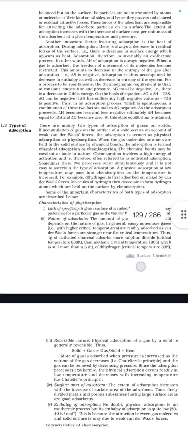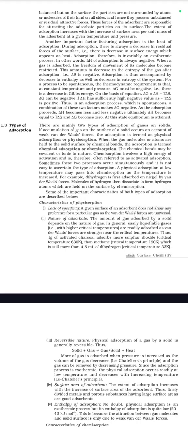Types of adsorption. There are mainly two types of adsorption of gases on solids. If accumulation of gases on the surface of a solid occurs on account of weak van der Waals forces, the adsorption is termed physical adsorption or physisorption.